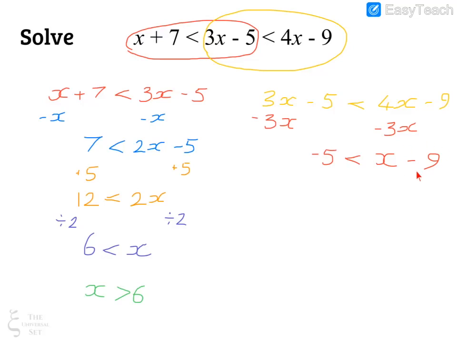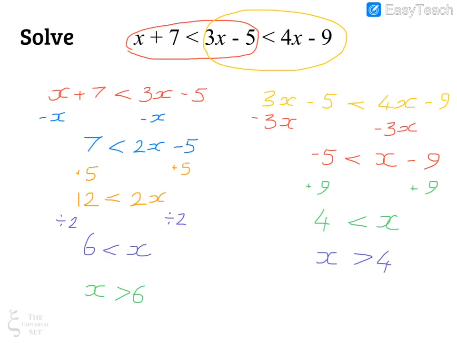How am I going to get rid of this minus 9? Well, I'm going to have to plus 9 back on. So I need to add 9 over here as well. Negative 5 plus 9, that's 4, is less than x. And if 4 is less than x, that is the same as x being bigger than 4.